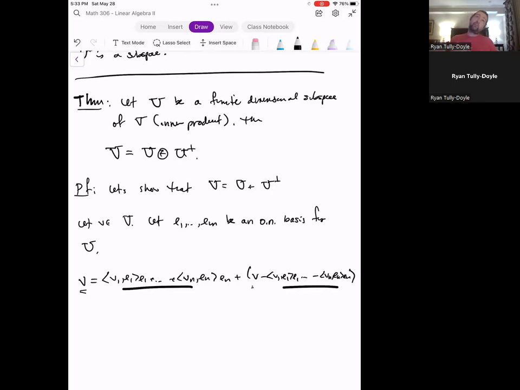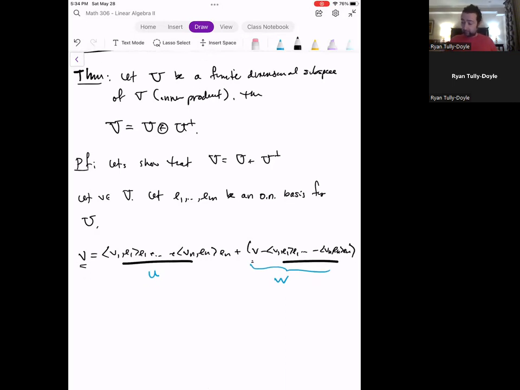But notice, this is the same trick as when we were talking about orthogonal decomposition of a vector. If we call this vector u, and we call all of this stuff w, by the theorem where we talked about orthogonal decomposition, it must be the case that w is orthogonal to all of the basis vectors ei. That's actually pretty easy to see.